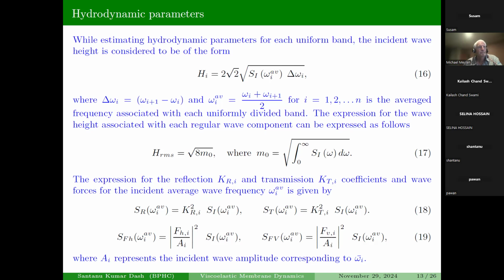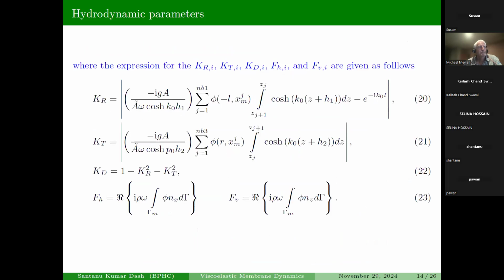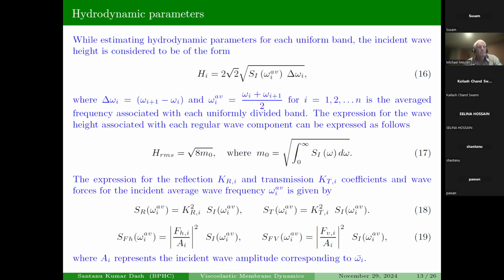And Kr, Kt, and Kd are calculated from the regular wave components, given as equations 20, 21, 22, 23. Here HI contains the square root of 8m0, which is the root mean square. This is the expression for the wave height associated with the regular component, and it statistically represents the variance.